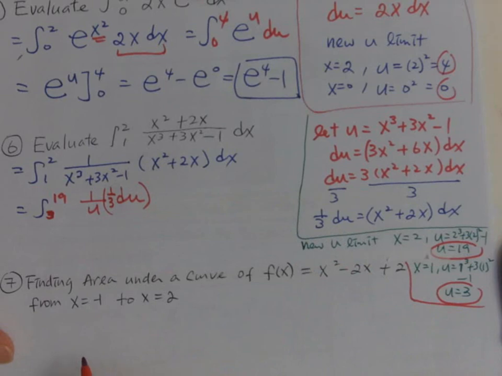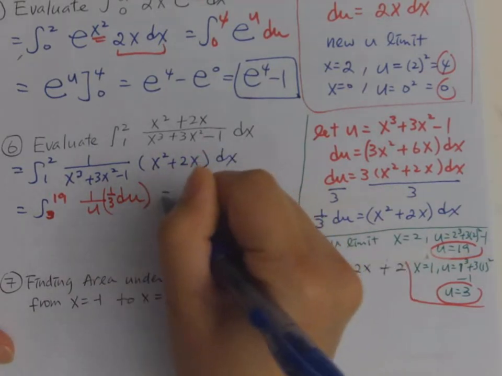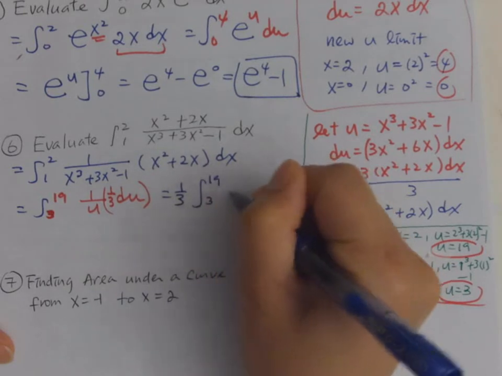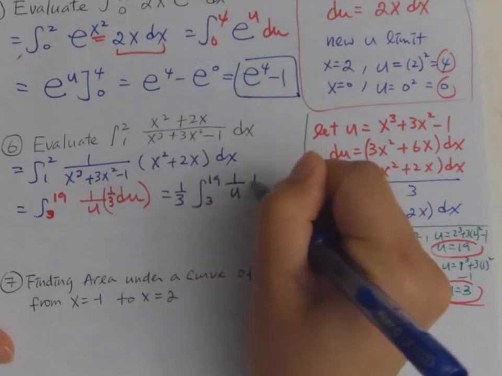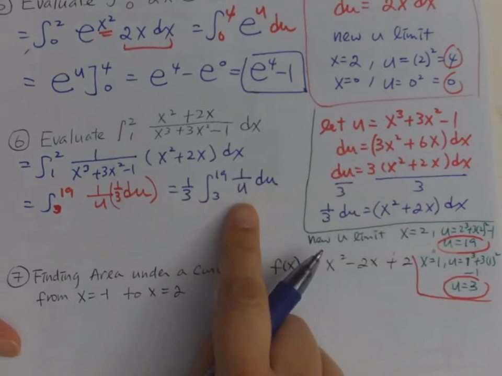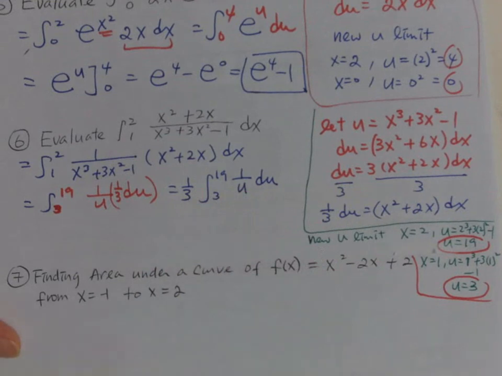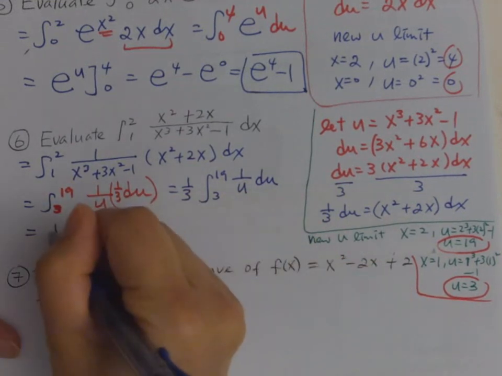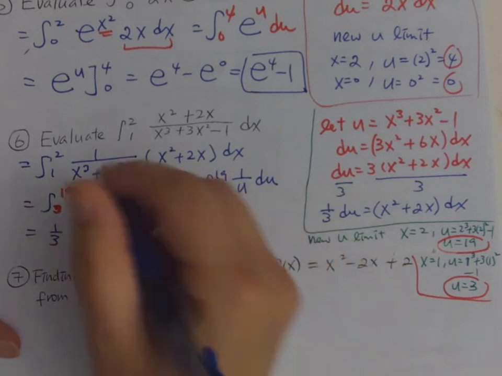Okay, got it. Now the 1/3 goes to the front, and then still 3 to 19, this is 1 over u, right? Anybody remember what is the integral of 1 over x? That's the special one. If you just do the normal way, you will get undefined, right? So hopefully by now you know 1 over x or 1 over u means ln.